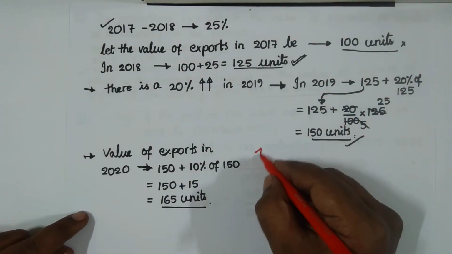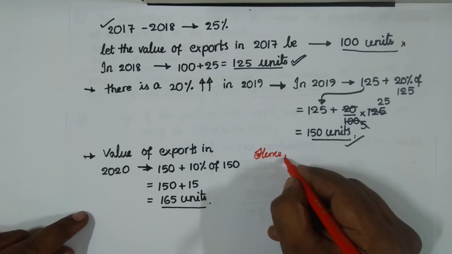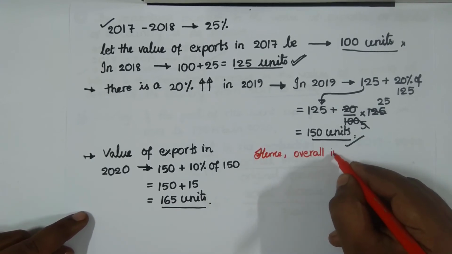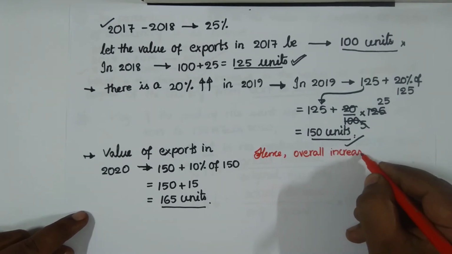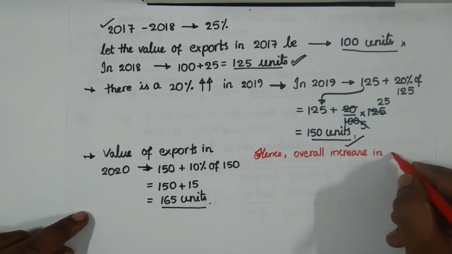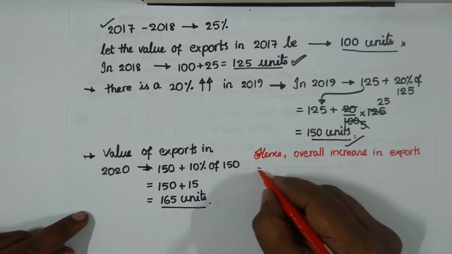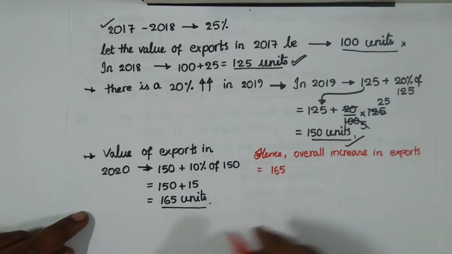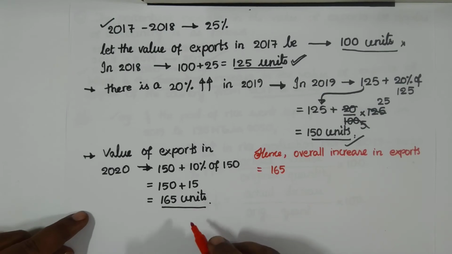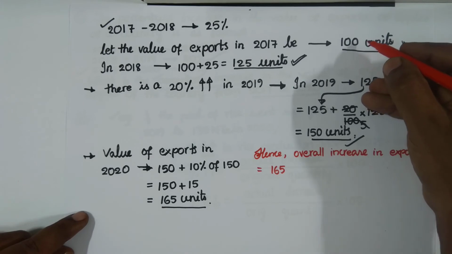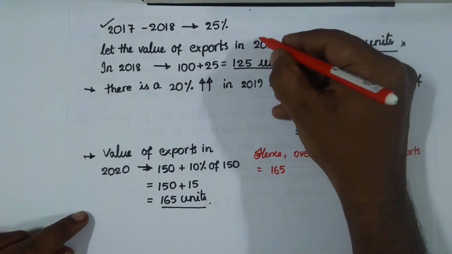So you can write it like this: the overall increase in exports is 165 units in 2020, minus the 100 units we assumed in 2017.